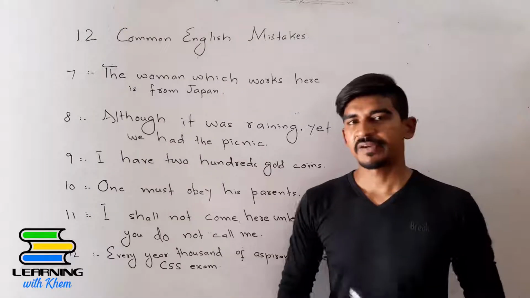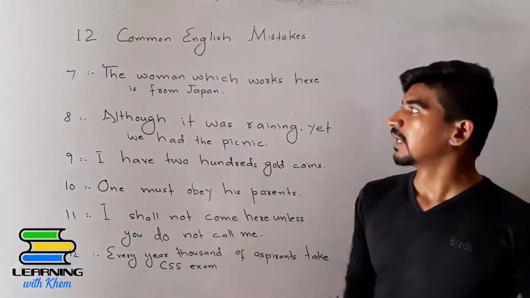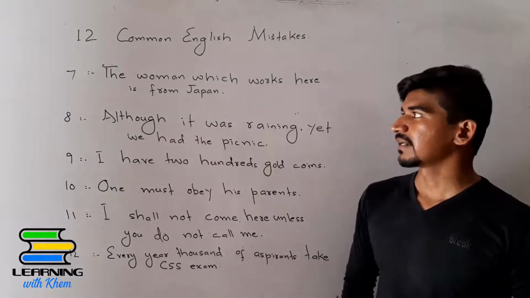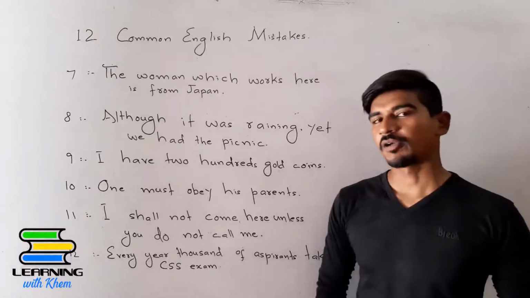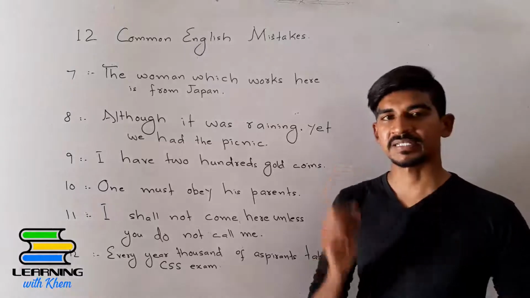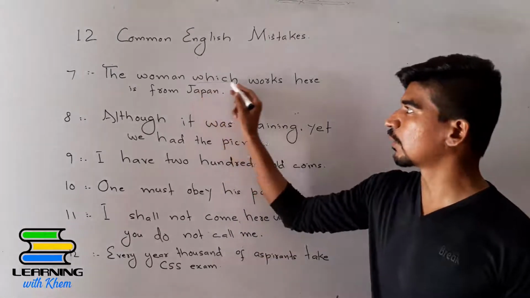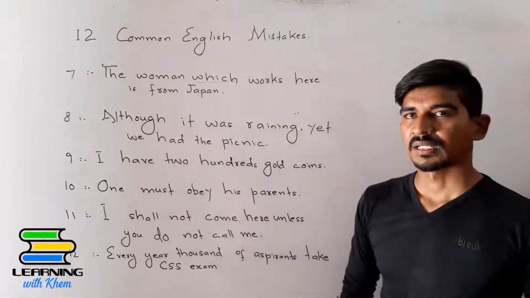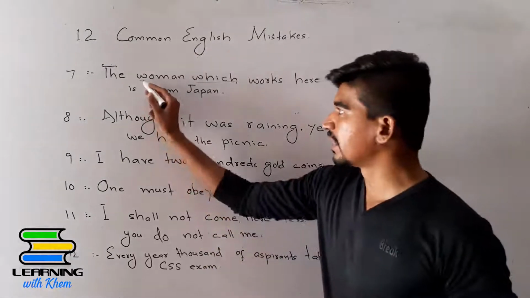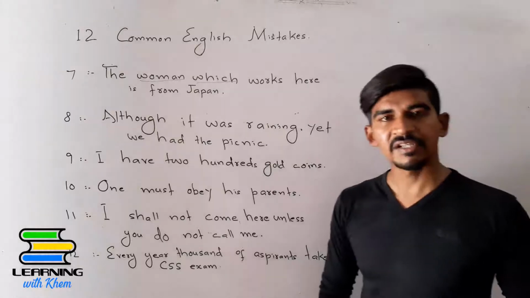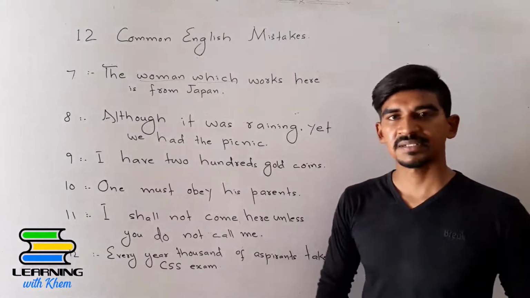Okay, so dear friends, our next sentence is "The woman which works here is from Java." Now if you look properly at the sentence, you will easily understand the mistake lies in the word "which," because the woman is a living object or a person.